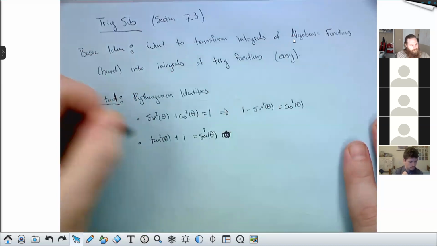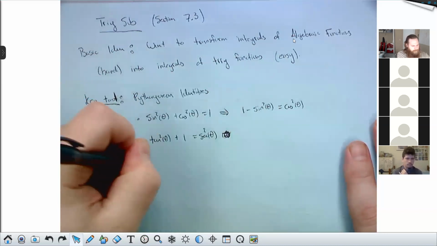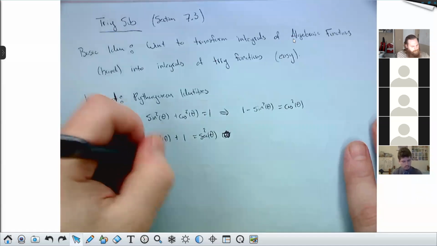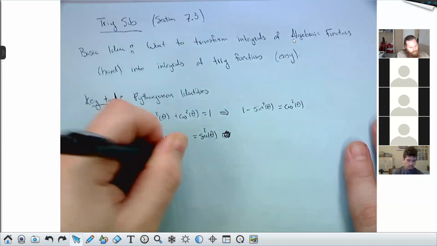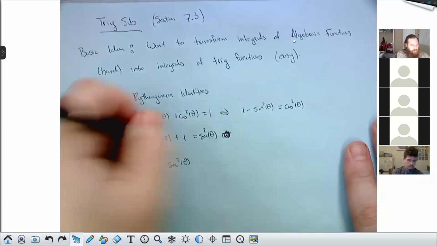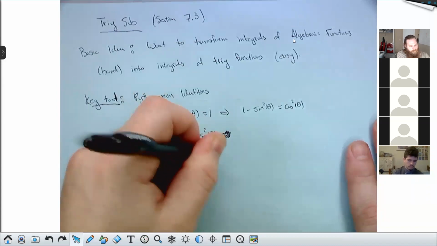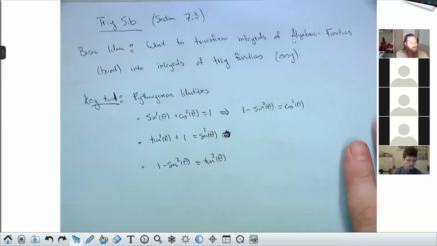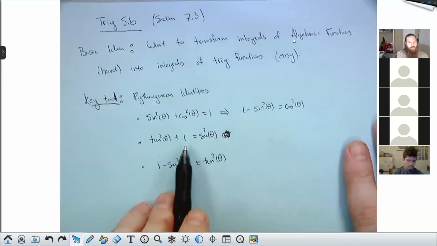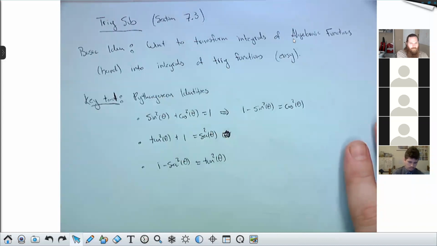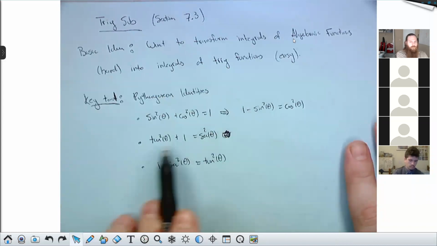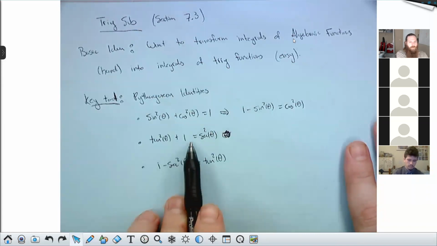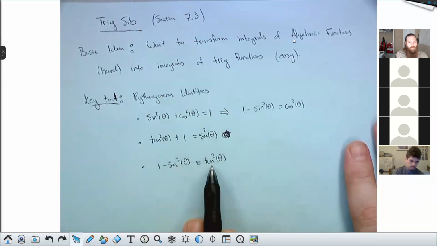And then also, secant squared theta minus 1 is equal to tan squared theta. So these are useful for getting rid of square roots because they take a difference of two terms or a sum of two terms and rewrite them as the square of something else.